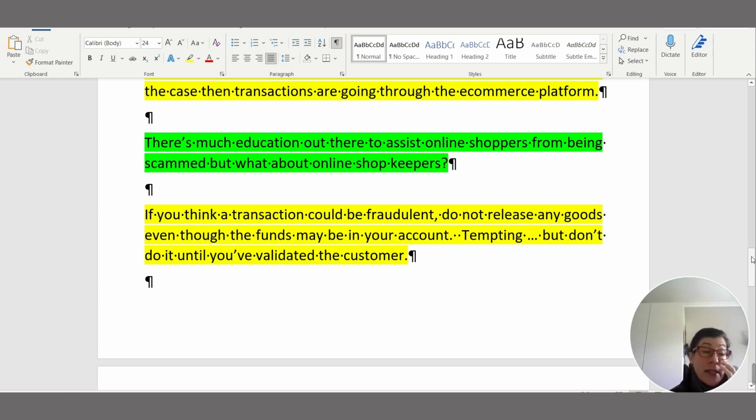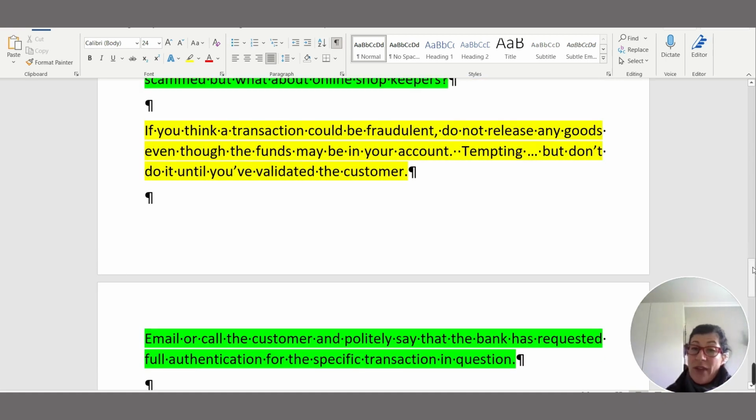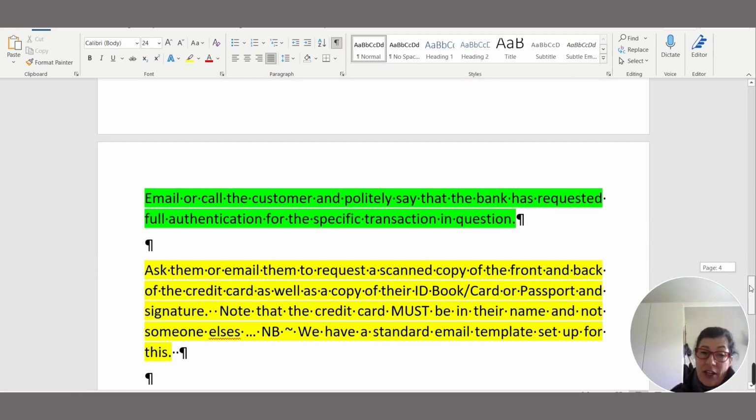Because on their side, the credit card has maybe been cancelled or tagged as fraud. Then you're going to be crying big tears. So although it's tempting, don't release the goods or use the money until you have validated the customer.